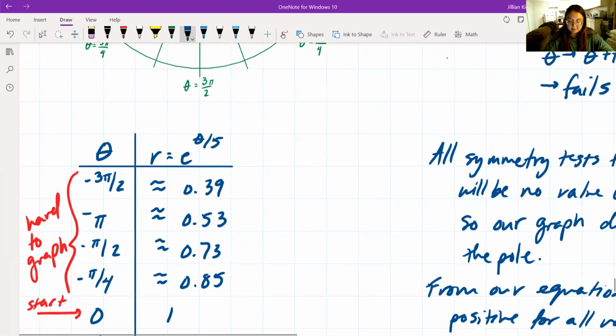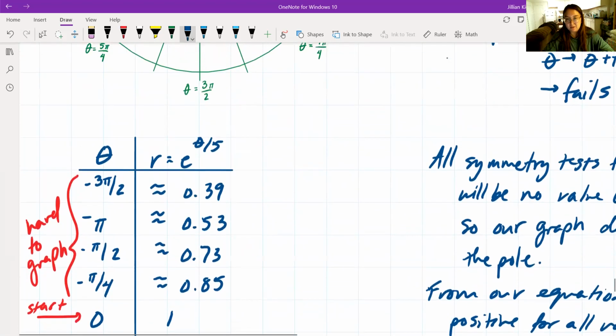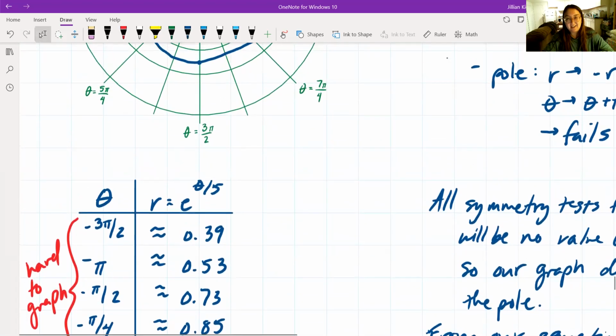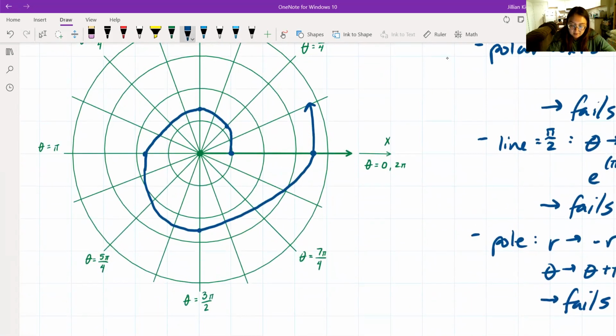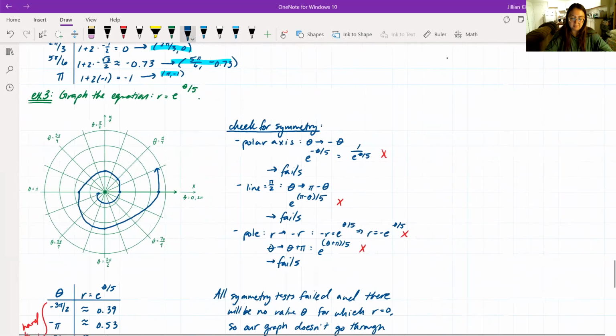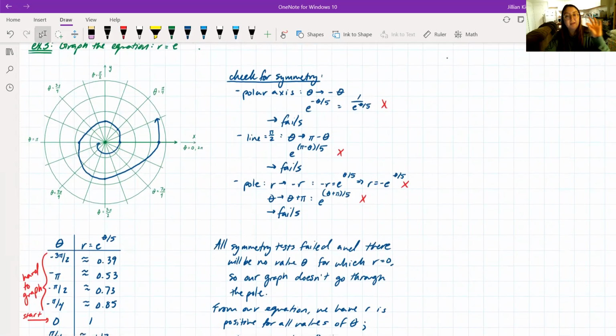Then for all those values that we stated were going to be too hard to graph and had negative values anyway, we're just going to represent these by drawing in an arrow, signifying that we're going to get closer to 0. And what we end up getting here is a spiral.